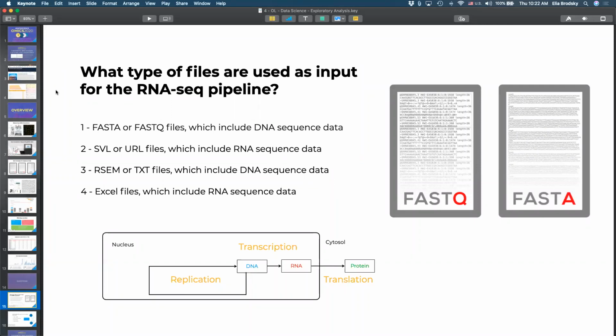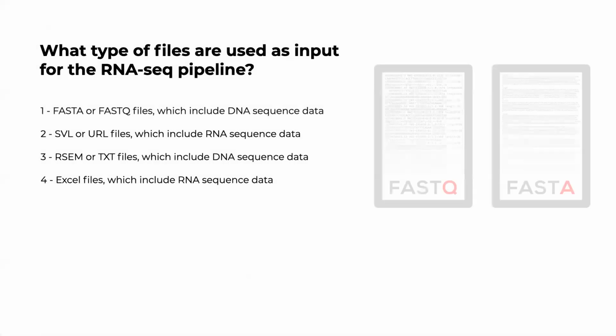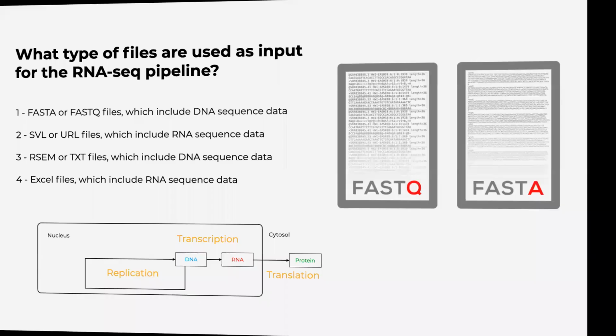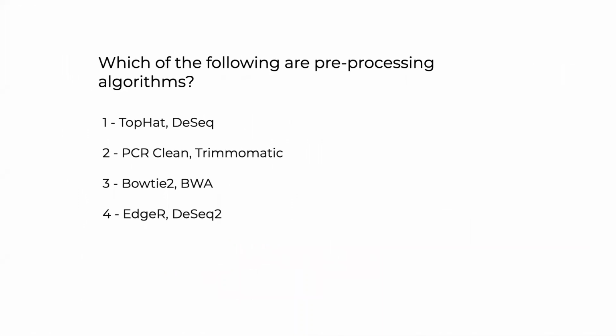Okay, so let's go to another question. Which of the following are pre-processing algorithms? 1, TopHat and DESeq; 2, PCR clean and Trimmomatic; 3, Bowtie 2 or BWA; 4, edgeR or DESeq2.